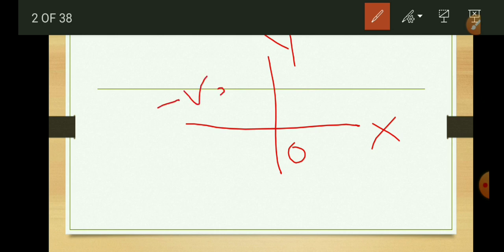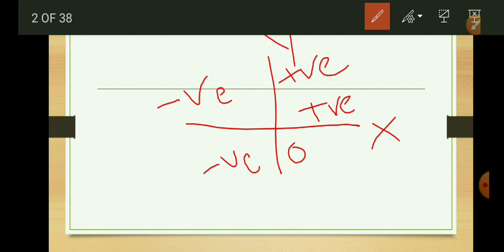And all the points on the x-axis that lie on the right hand side are considered positive. Similarly, all points that lie above the origin on the y-axis are considered positive and points below the origin on the y-axis are considered negative. This you know very well.